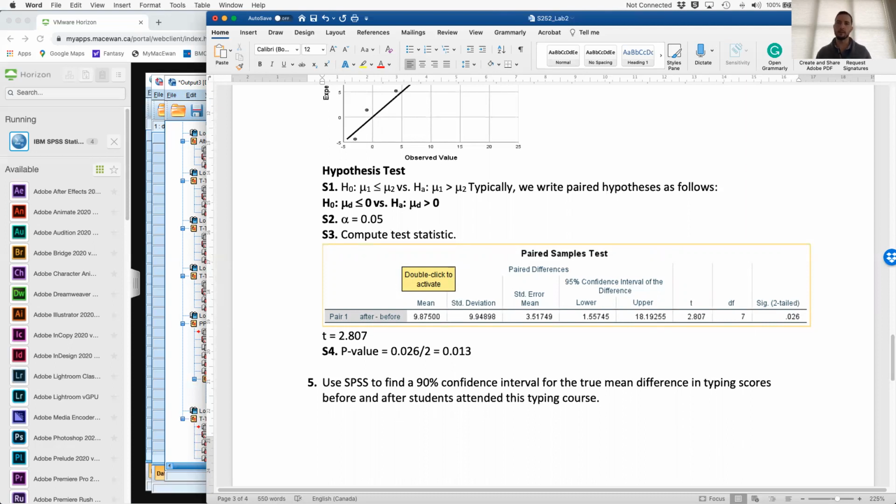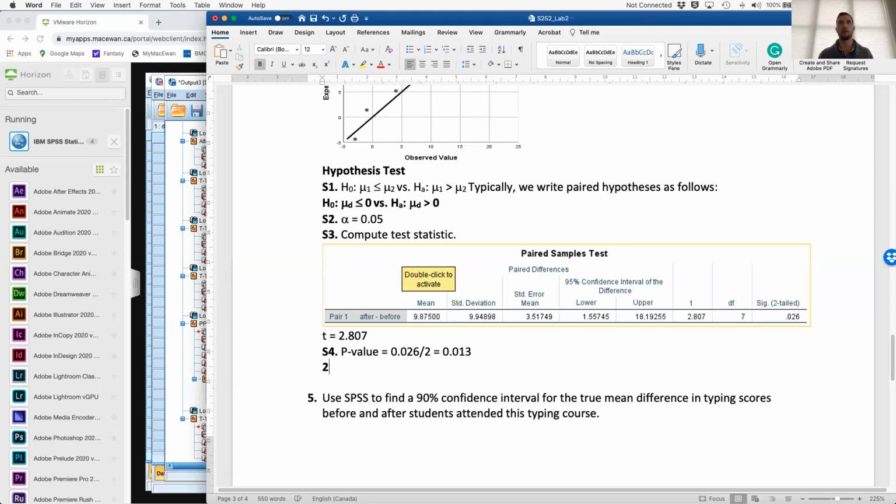So again, SPSS always gives us 2-tailed p-values. So if we want to get the upper tail p-value in this case, we have to divide the output value by 2. And now on step 5, we can say reject H subscript 0 since p-value is less than alpha. Right.